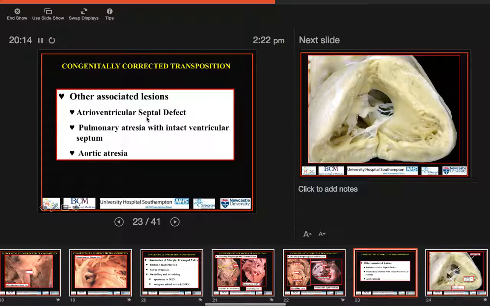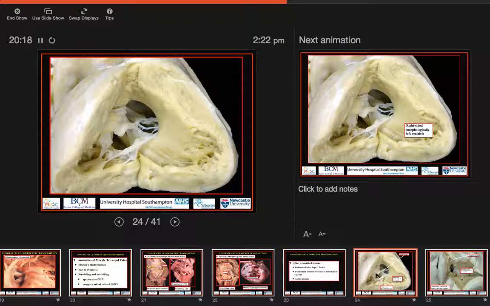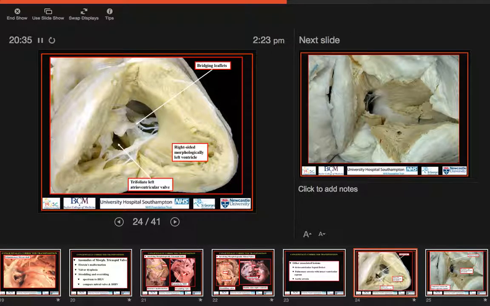There are other associated lesions, and of these, here is a nice example with atrioventricular septal defect. The right-sided ventricular chamber is obviously morphologically left, and you see the bridging leaflets of the common atrioventricular valve bridging across into the left-sided, morphologically right ventricle. Now we have the trifoliate valve on the left side, and that, of course, now should be trifoliate right atrioventricular valve.